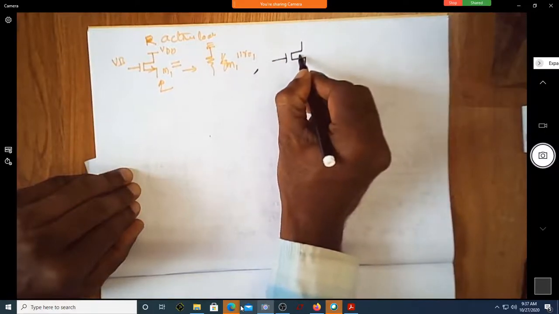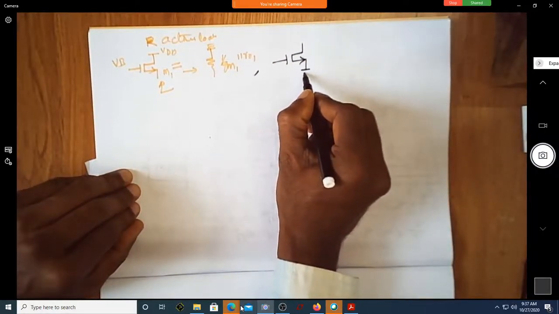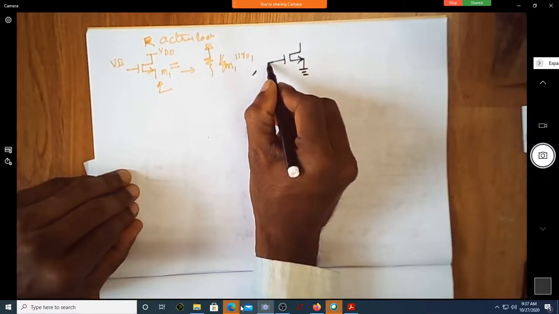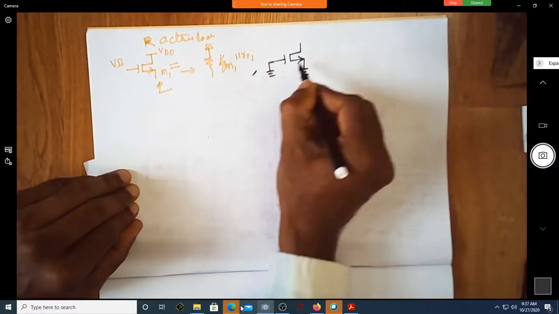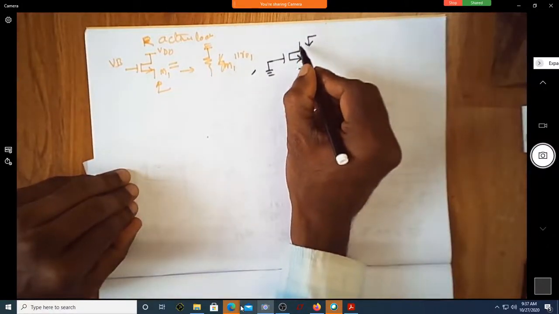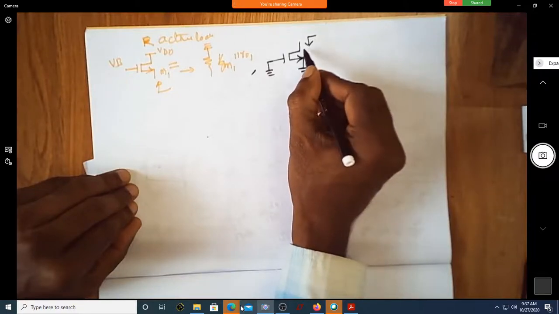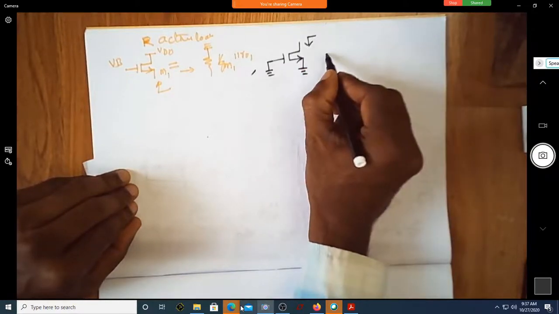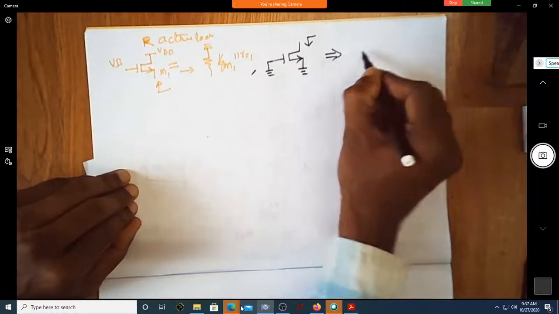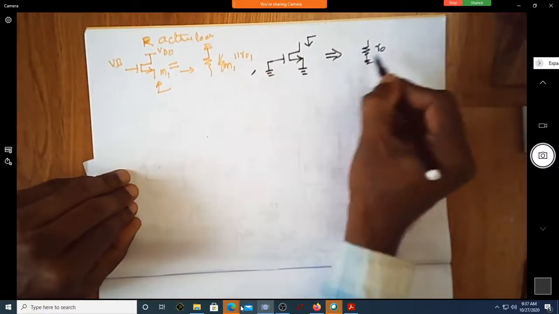And suppose the connection is something like this. The source is AC grounded, and this is also AC grounded. If you are looking from the drain, it will look like a resistance whose value is R0.